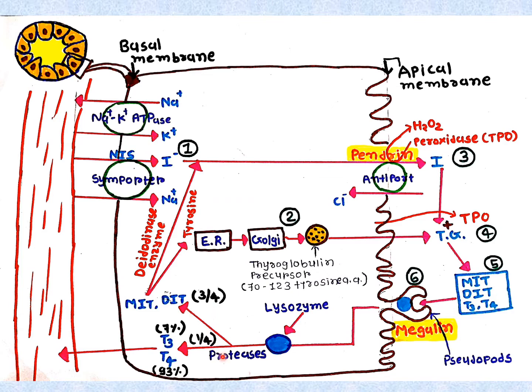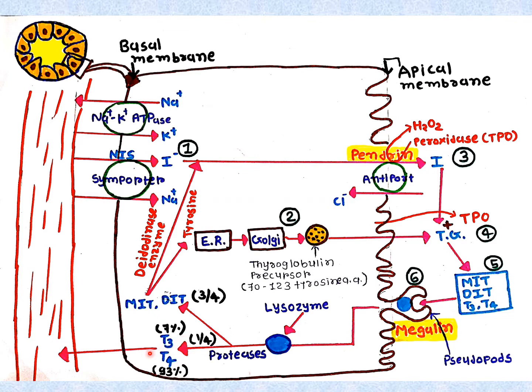So as a result of the protease enzyme which cleaves the thyroglobulin of the colloid into T3, T4 and MIT and DIT. Now of this T3 and T4, T4 is maximum, approximately 93%, and T3 is very less, only 7%.